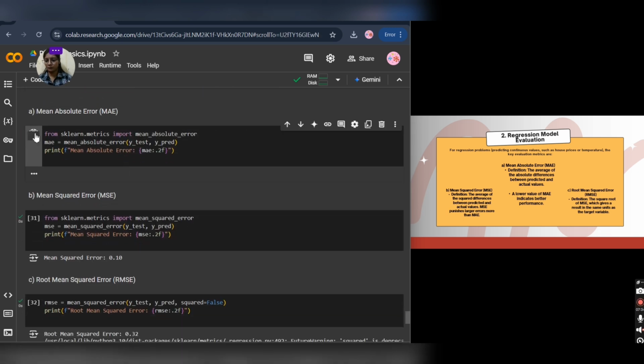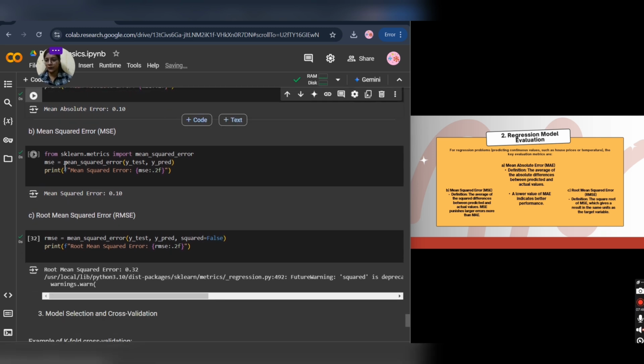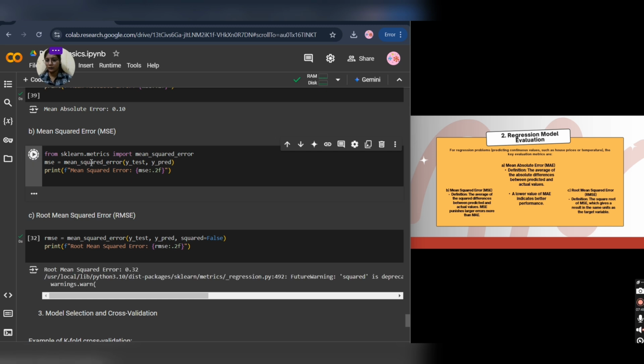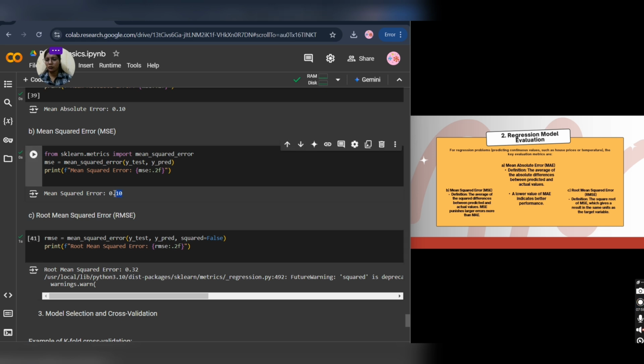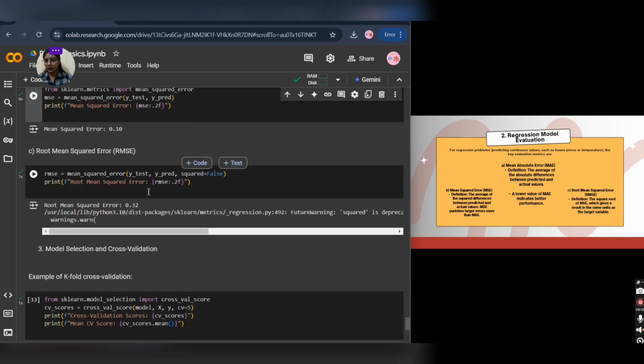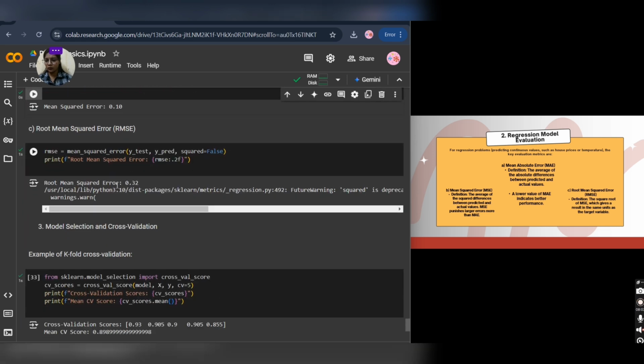For mean absolute error, the value is calculated as 0.10. That means the model is giving accurate values. The value for MSE is also 0.10, and the root mean squared error is 0.30.